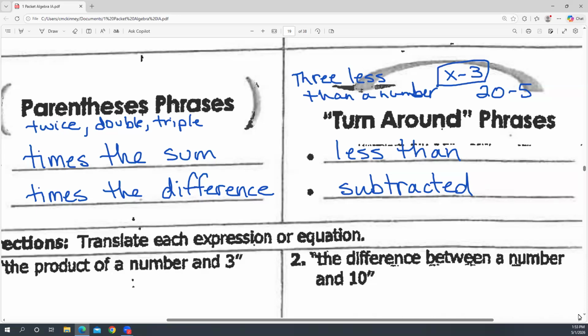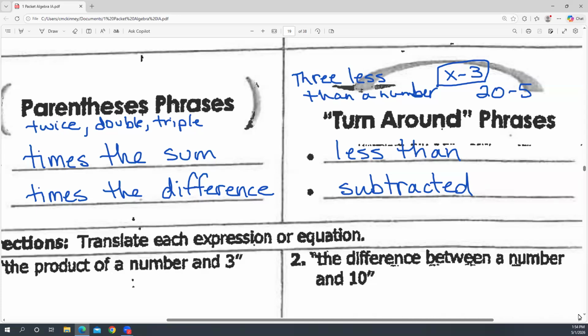So that's why the 3 is written first in words, but with less than, the x or whatever follows the less than is what is written first, and then we're taking 3 away from it. Once again, we'll see some more examples.